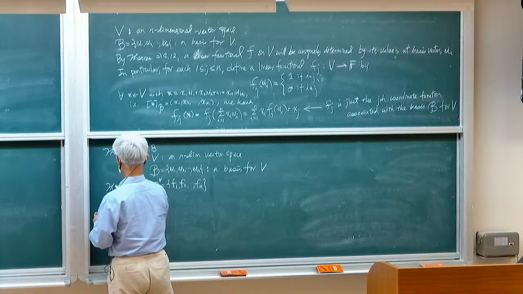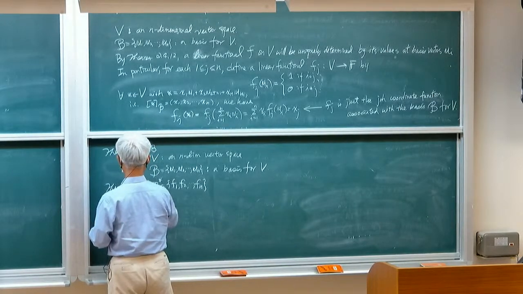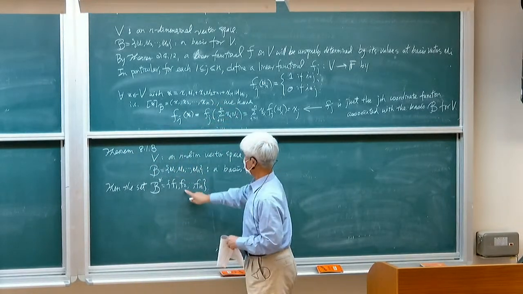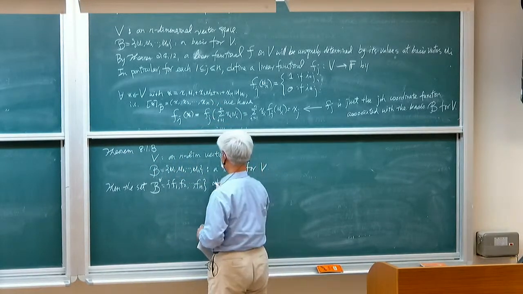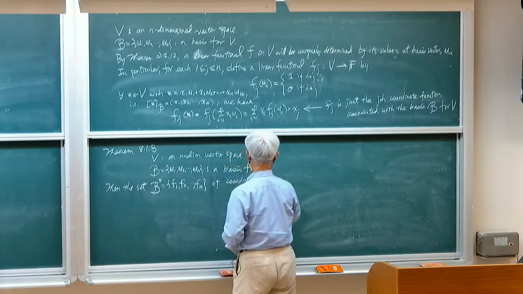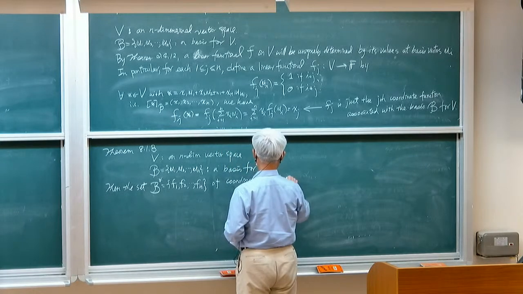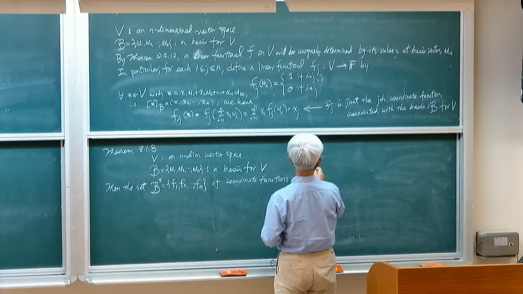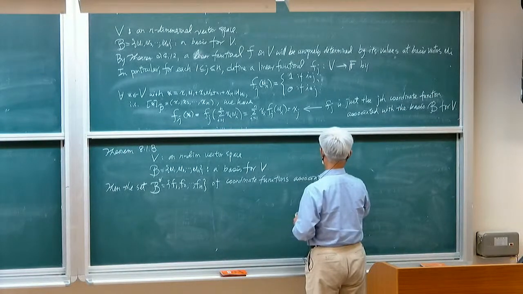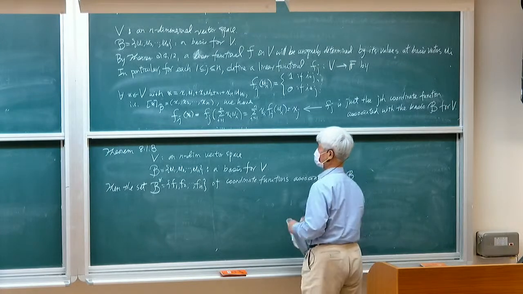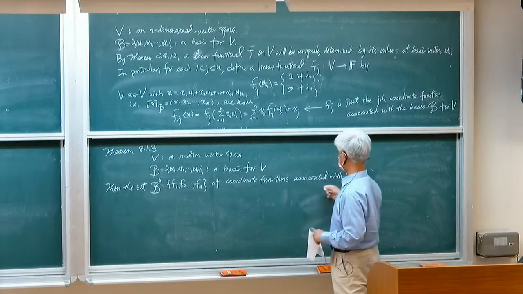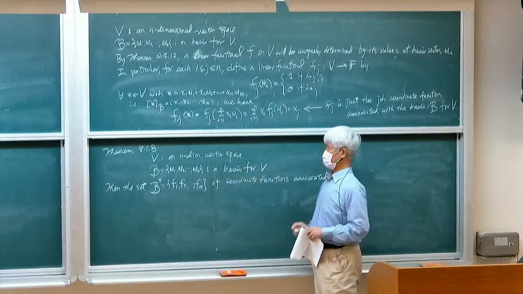the set consists of coordinate functions associated with B. So B star is the set of coordinate functions associated with the basis.